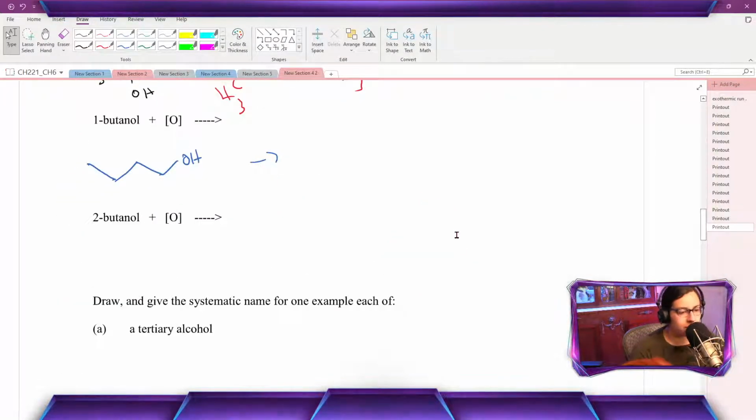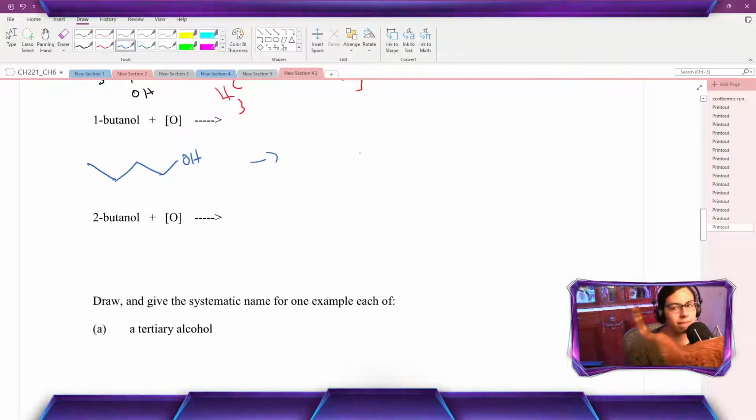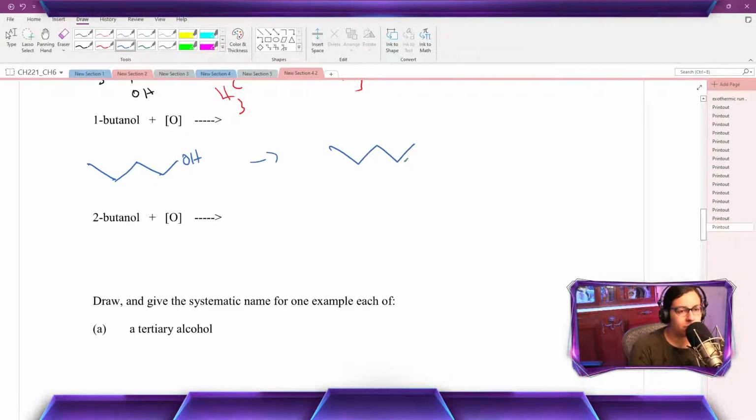There we go. Managed to find my printout. And so our product would be 1, 2, 3, 4. And then our product there. So now let's try 2-butanol.